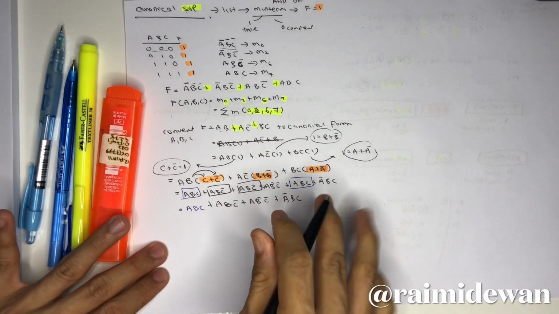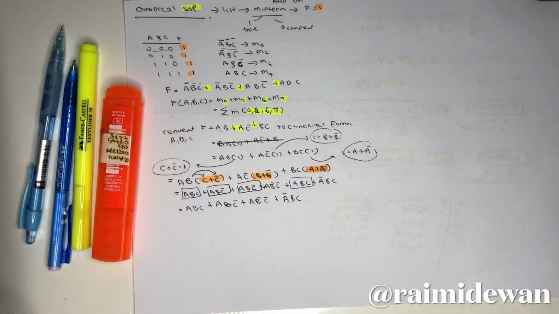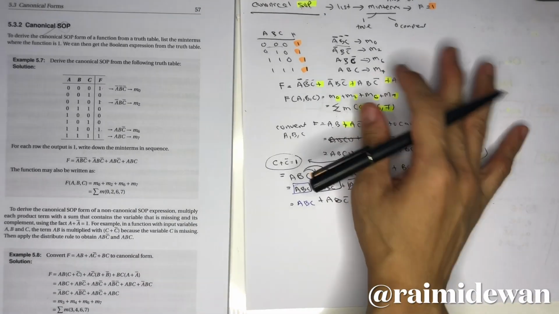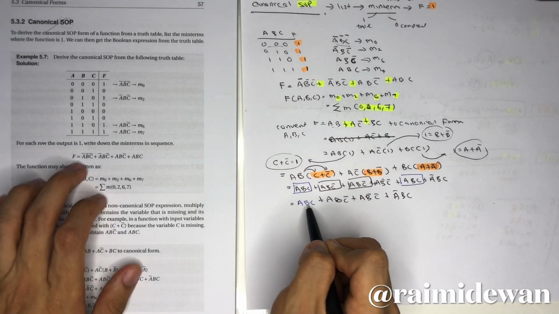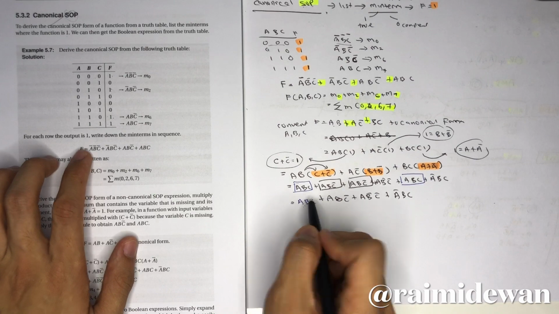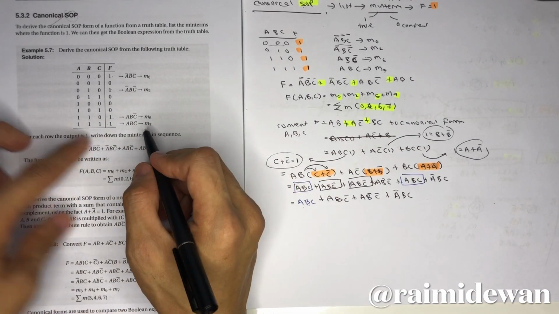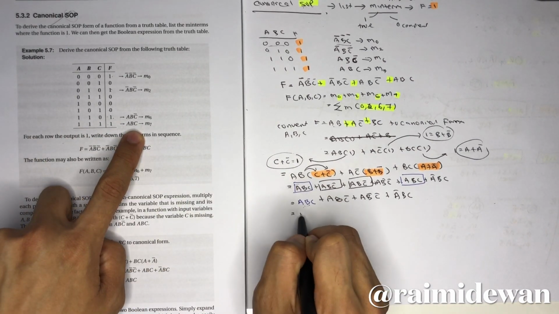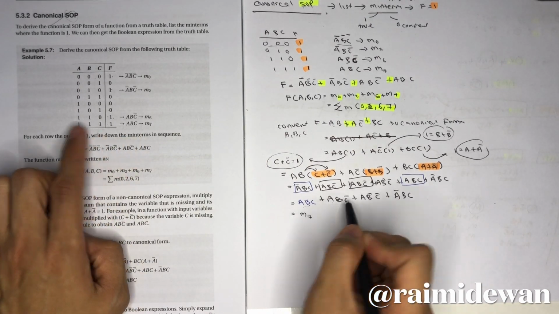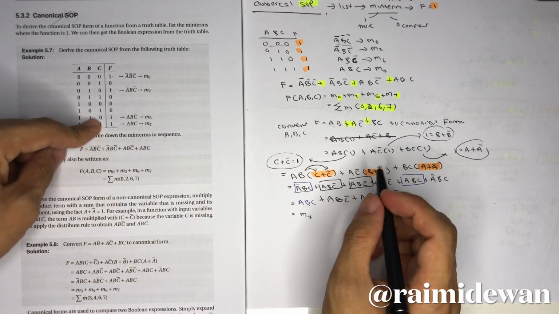Then, from the truth table that you know the possible combinations, A B C is actually equals to what? A B C, where all is 1, is here, so it's actually M7. How about this one? 1 1 0, so it's M6.